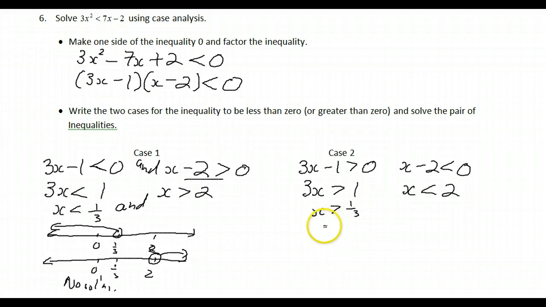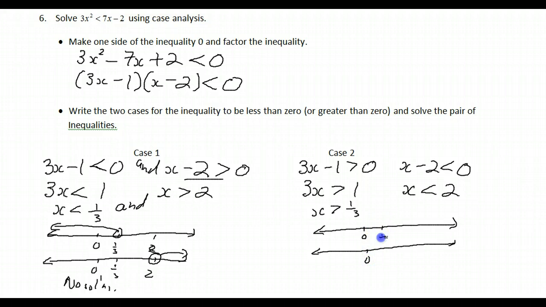Let's examine that case on a pair of number lines. I'm going to put a 0 in. There's 1/3. And here's 2. And here's 1/3. And here's 2. So x is greater than 1/3. Strictly greater, circle it and go. And x is less than 2. And we do have some overlap here.